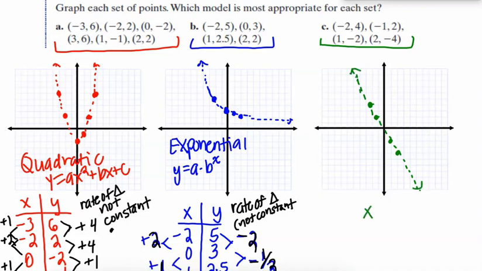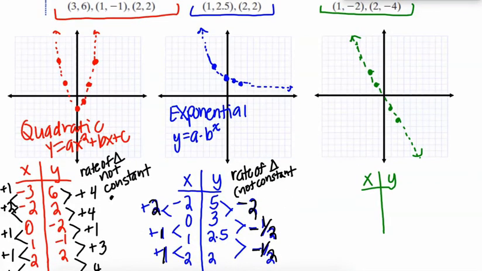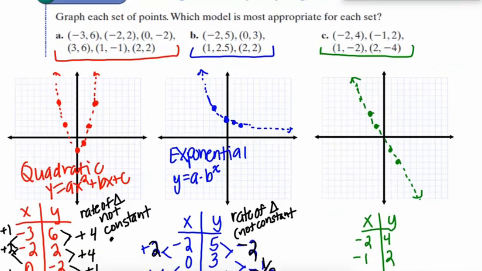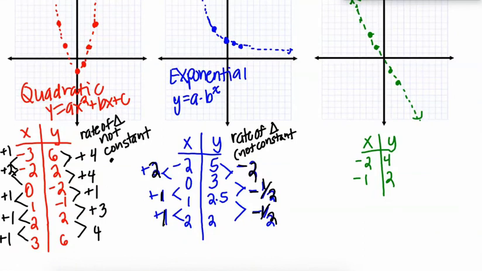So let's look at the x and the y's and compare just like we did with the others. We had negative 2, 4. We had negative 1, 2. We've got 1, negative 2. And then I believe we had 2, negative 4.